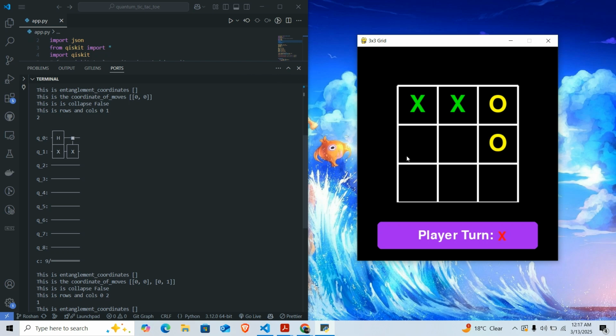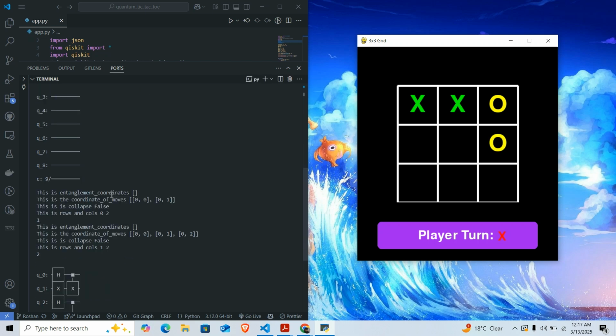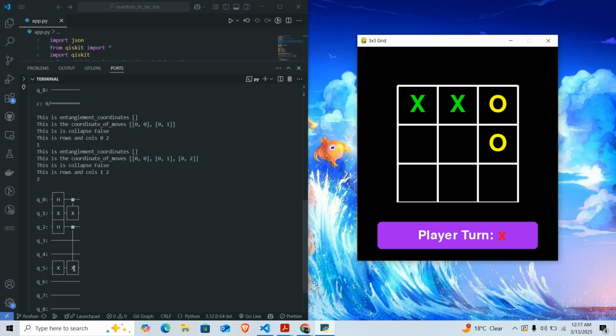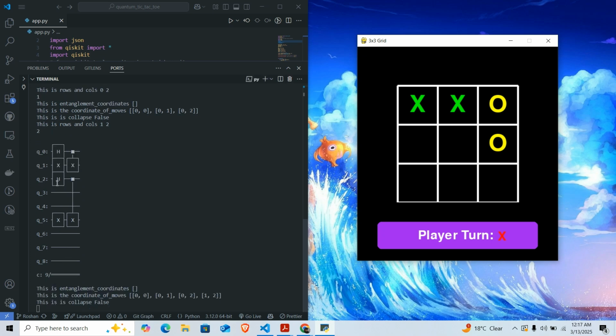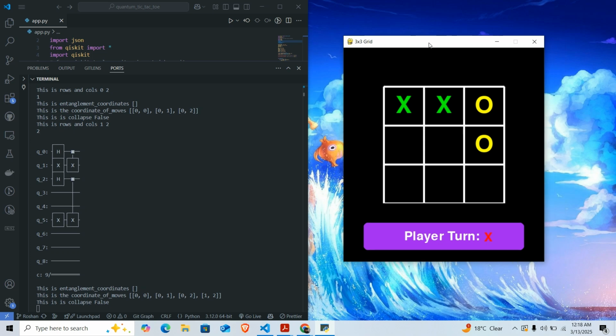Okay, you can see in the second and the fifth position, there is superposition again in the circuit for O. In the classical tic-tac-toe, we only choose one position, but here we are choosing two positions.